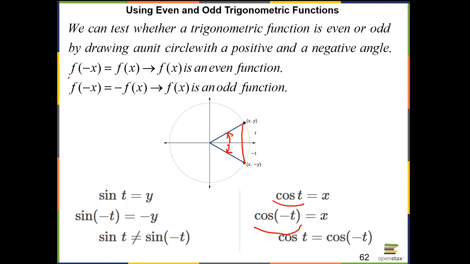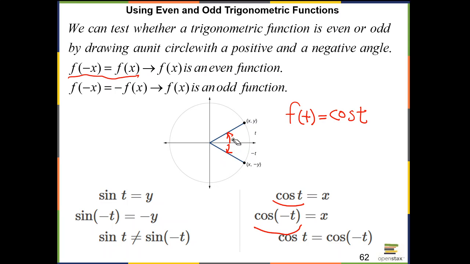That means this expression is true, so we can conclude that cosine is an even function, right? Remember we can consider the input of cosine to be a real number, so we can make a function out of it. So f of t is cosine t, and as you see, f of negative t is the same as cosine t, is the same as f of t. And cosine is an even function.